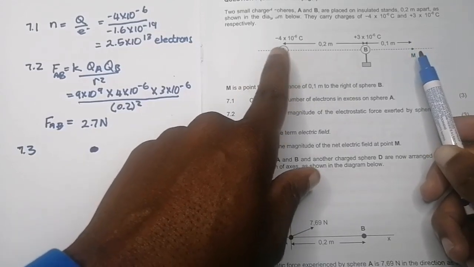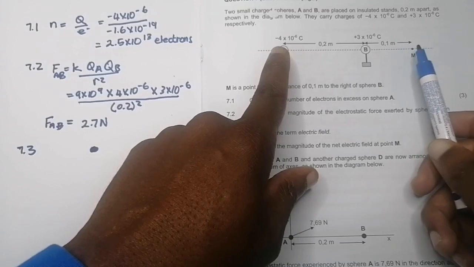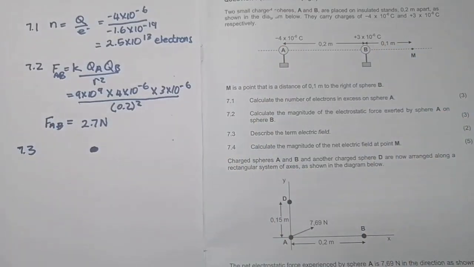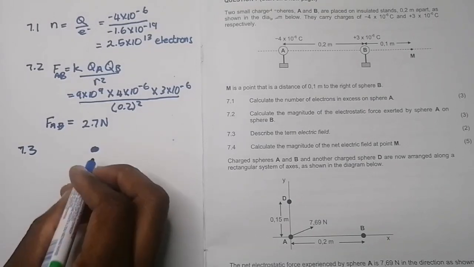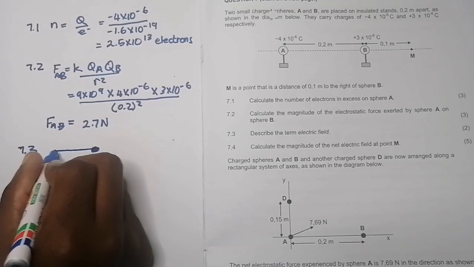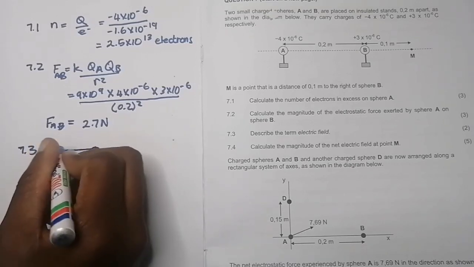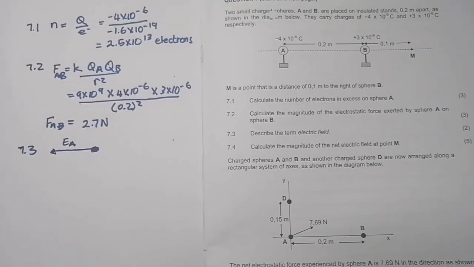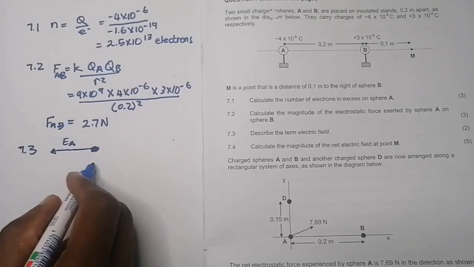So A would attract this guy, so this guy would be pulled towards the left. So it means that the field due to A should be a field to the left. I don't know whether you want to say to the west or to the left. So that's the field due to A.